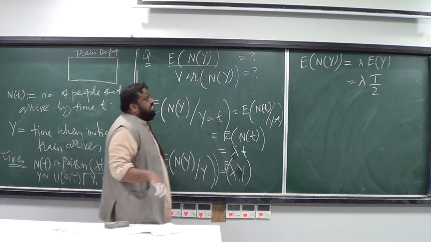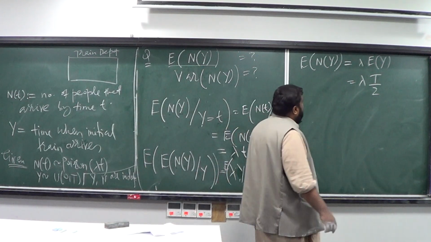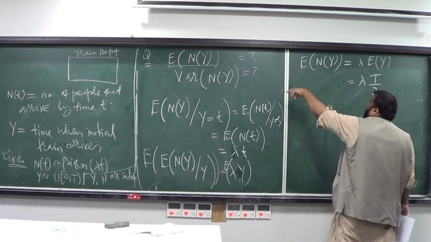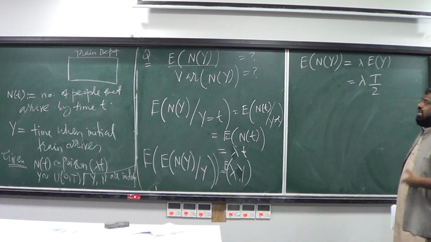So this is the expected number of people that arrive by time Y at the train depot, where Y is the time of the arrival of the train.